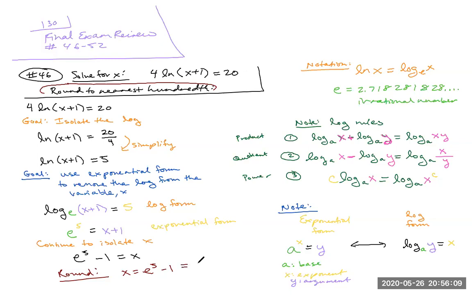So if I put in e to the 5th and then subtract 1, x is 147.413 and some change. So x is approximately 147 point, nearest hundredth.